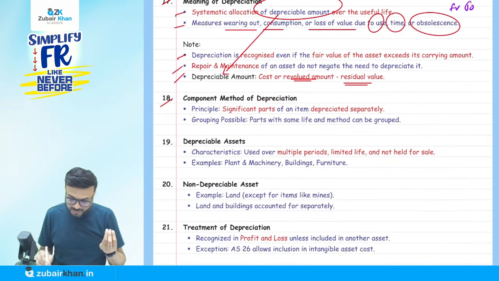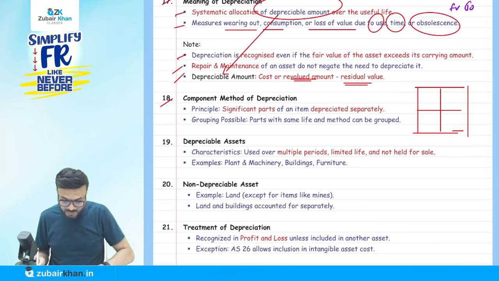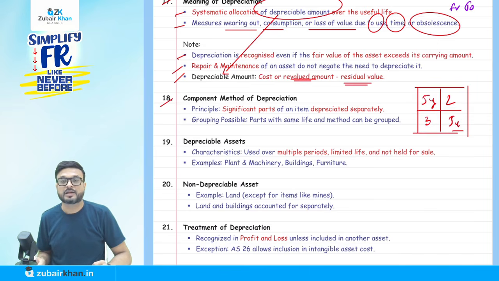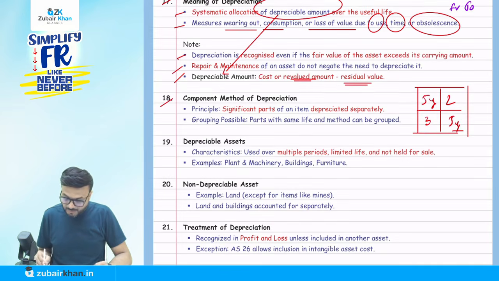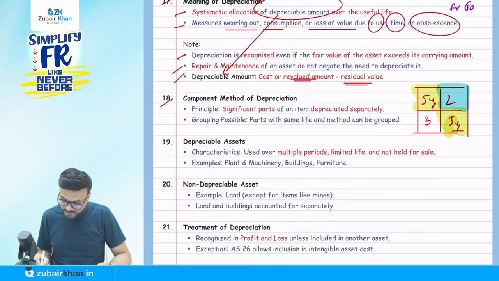Component method means suppose you purchase one asset and different components have different lives. One component has a 5 years life, some have 2 years, some 3, some 5 again. So I will depreciate these two parts in 5 years, this one in 2 years, and this part of the same asset in 3 years.